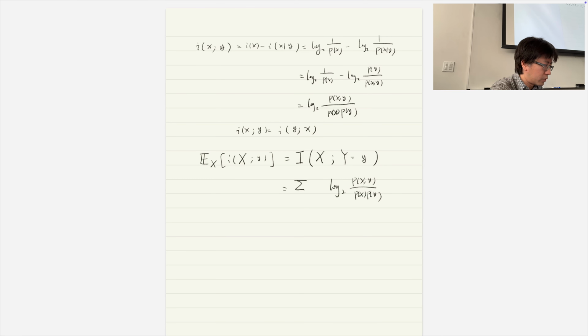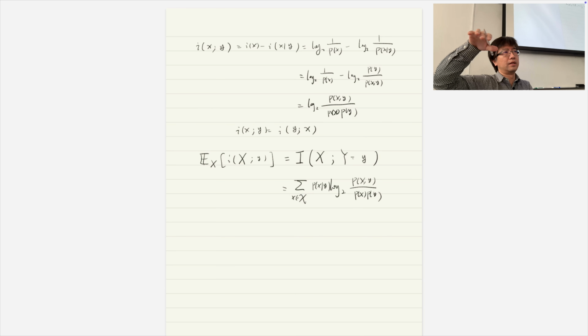So we sum this over X, and the probability would be P(x given y), because we know y, then we average over x. We need to multiply that with a conditional probability. Okay, that's very good. So this is basically what we got.